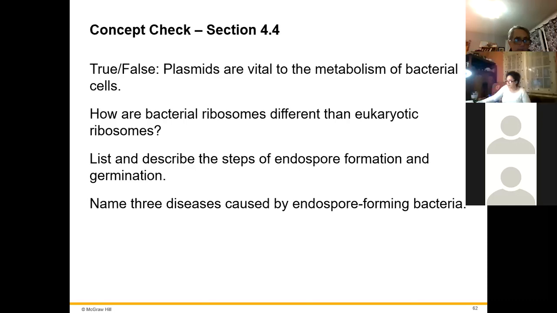What is vital to the metabolism of bacterial cells? Not plasmids. In our next section, we'll go over bacterial metabolism. Some of the things that are vital are carrying out a process called glycolysis, and then aerobic respiration.